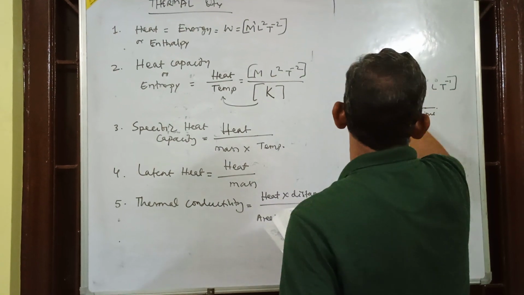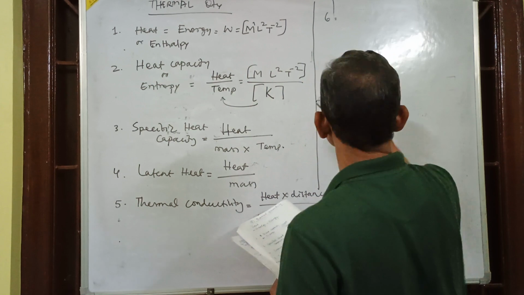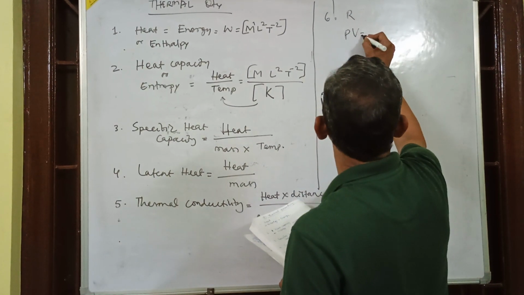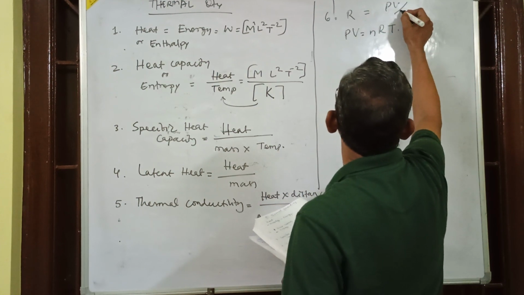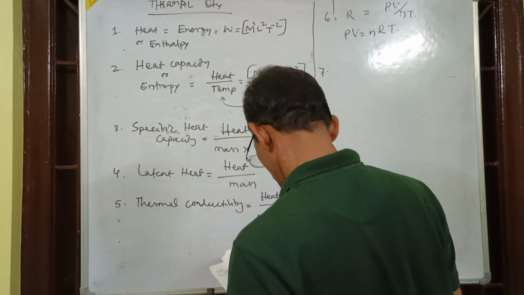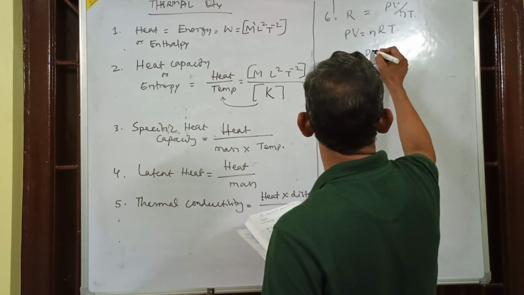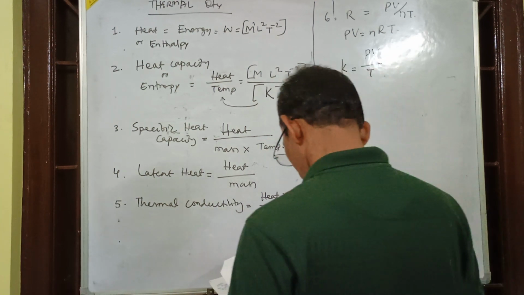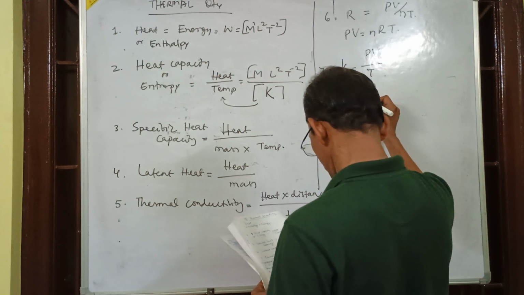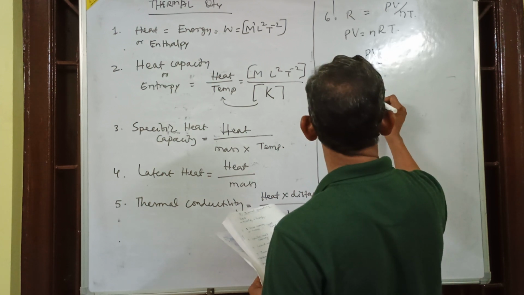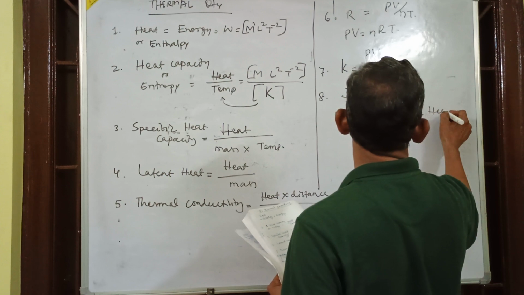Some constants we have. The universal gas constant R: from P V equals n R T, R becomes P V divided by n T. Next is the Boltzmann constant k, equal to P V by T. Next is the mechanical equivalent of heat, J equals work by heat.